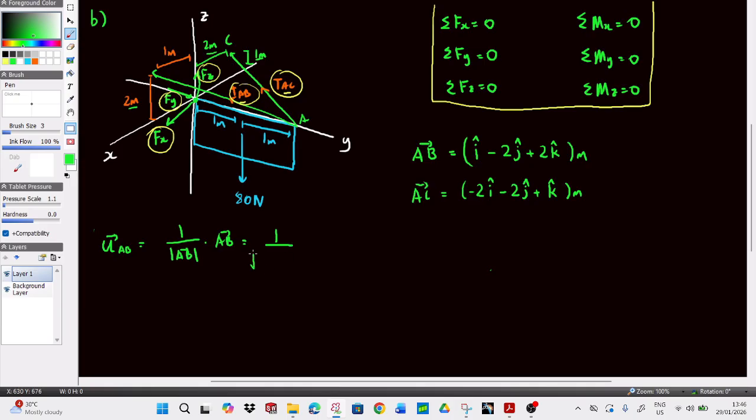It's very simple. It's just the square root of the coefficients of I, J, and K squared, meaning 1 squared plus negative 2 squared plus 2 squared, multiplied with I minus 2J plus 2K.